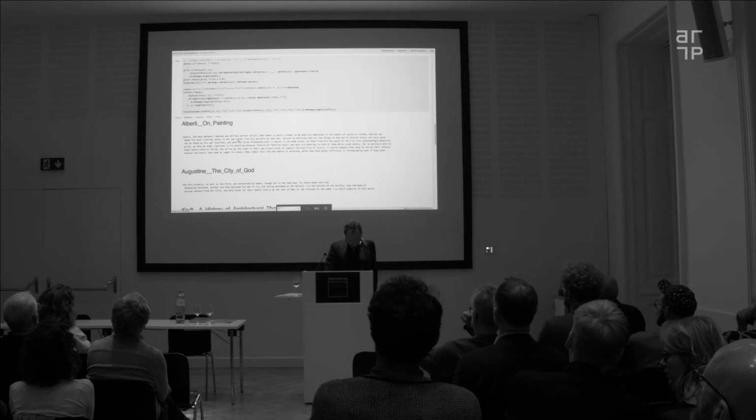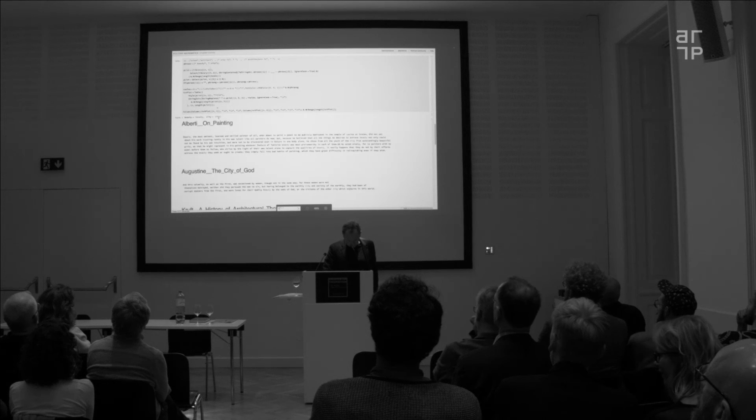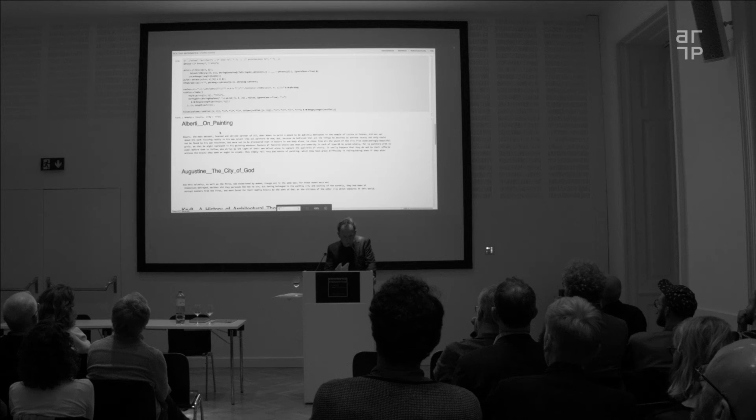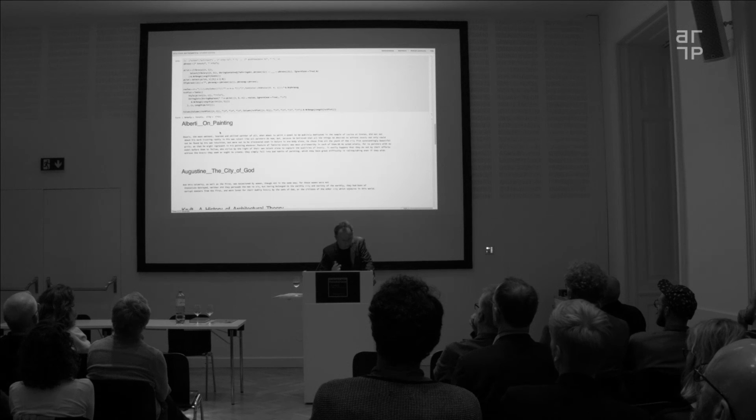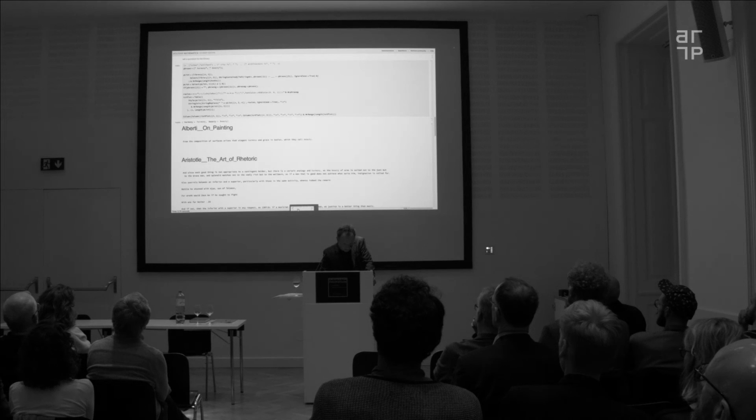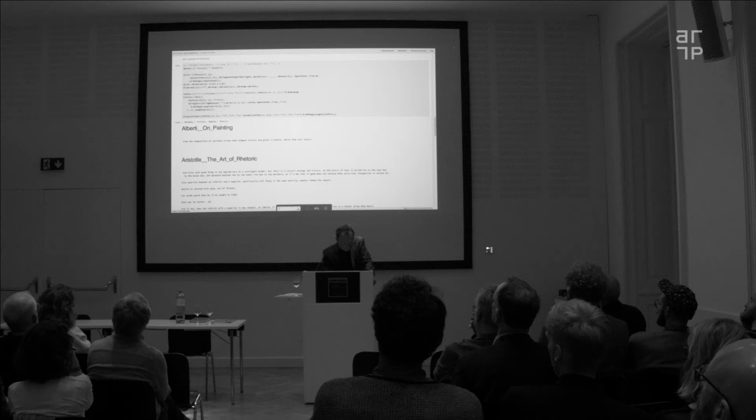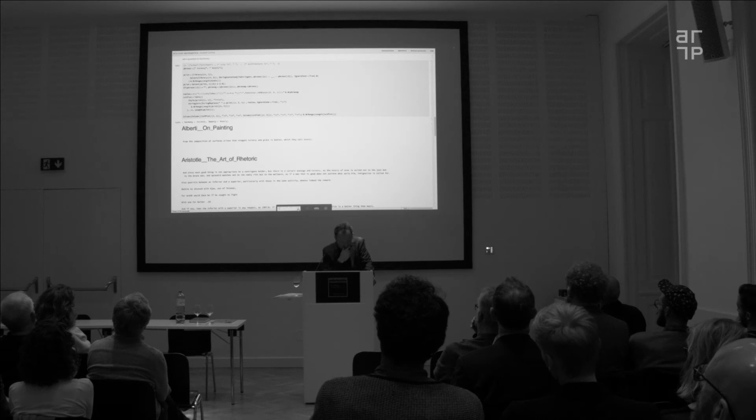If the phrase is beauty and city, you get one paragraph from Alberti's On Painting, Augustine's City of God, and so on. If it is harmony and beauty, you get a different set of samples.